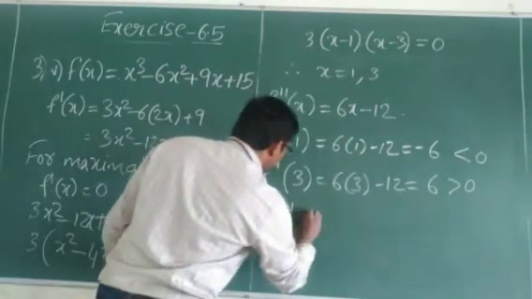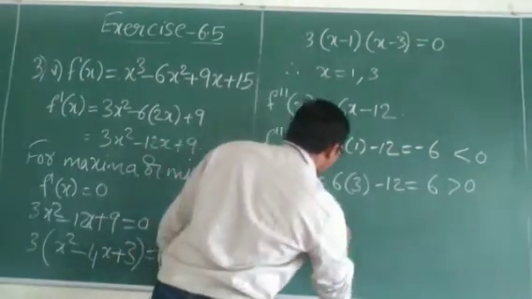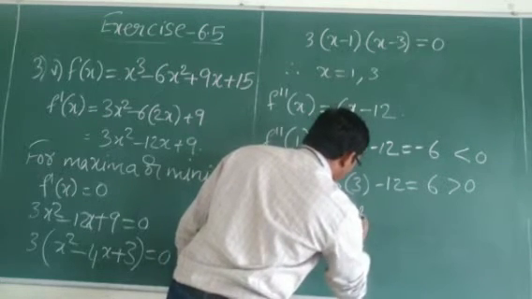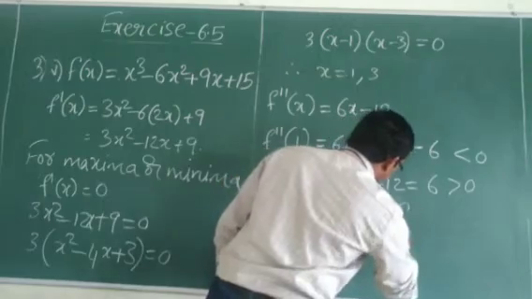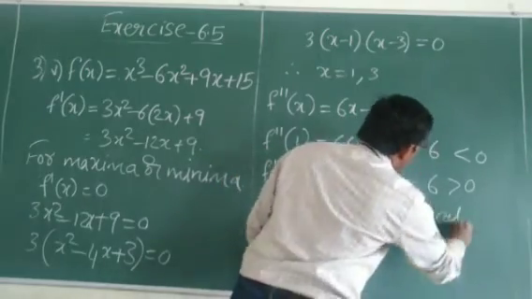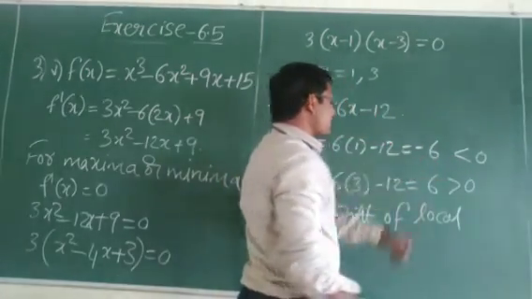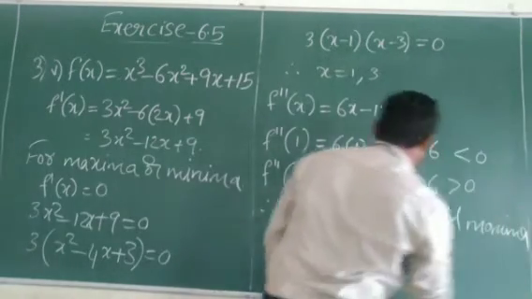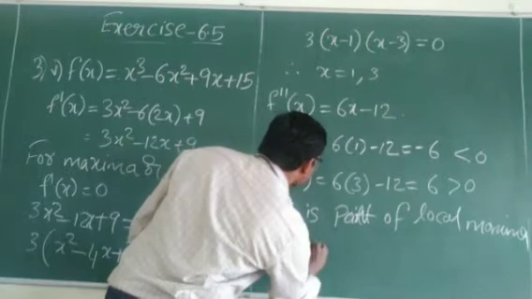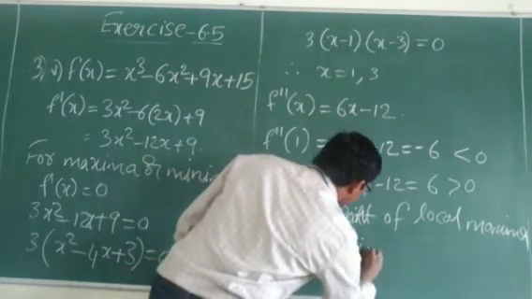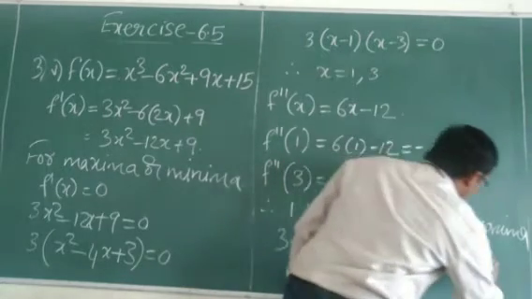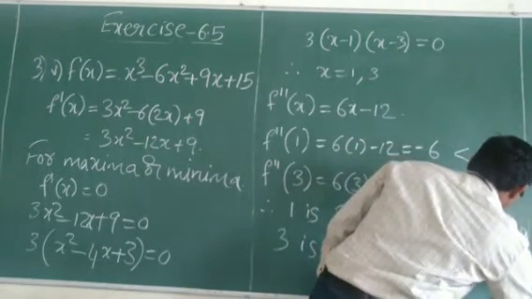Therefore 1 is a point of local maxima, since this is less than 0, and 3 is a point of local minima.